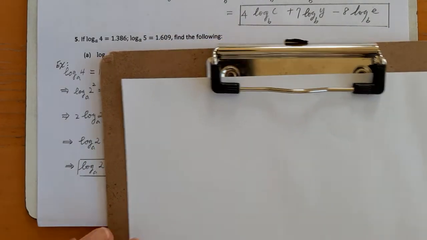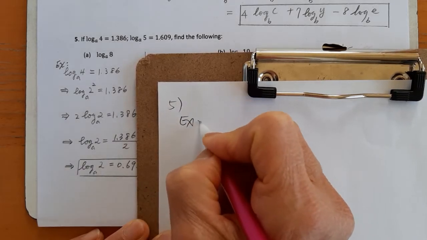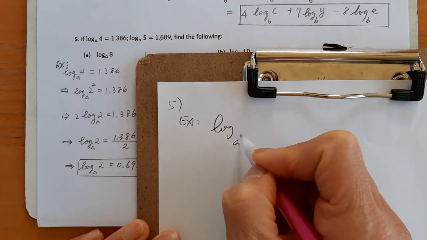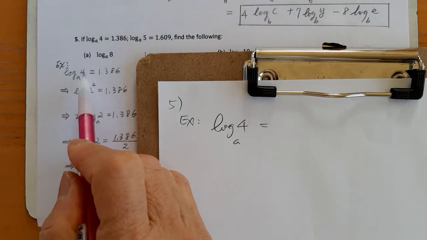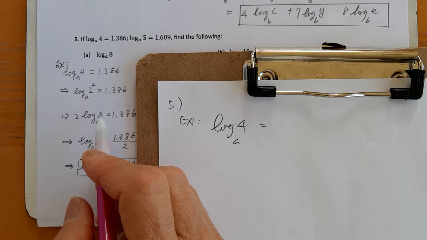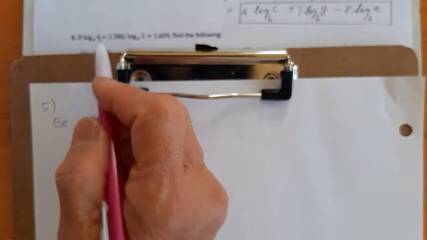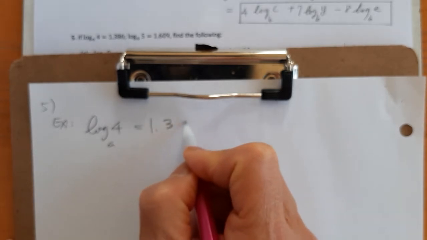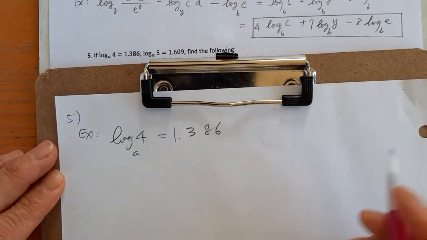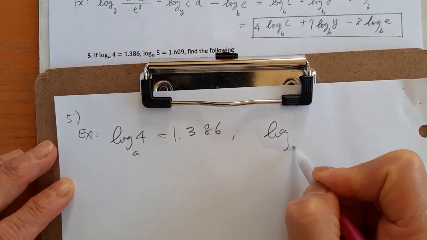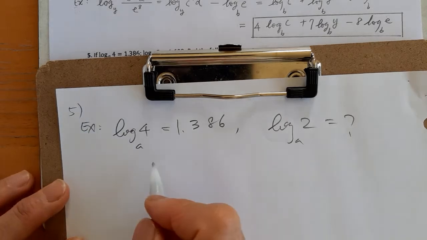Now let's try an example for question 5. Looking for log 2. Since log 4 is given as 1.386, the question already gives it. Now it asks what is log 2?